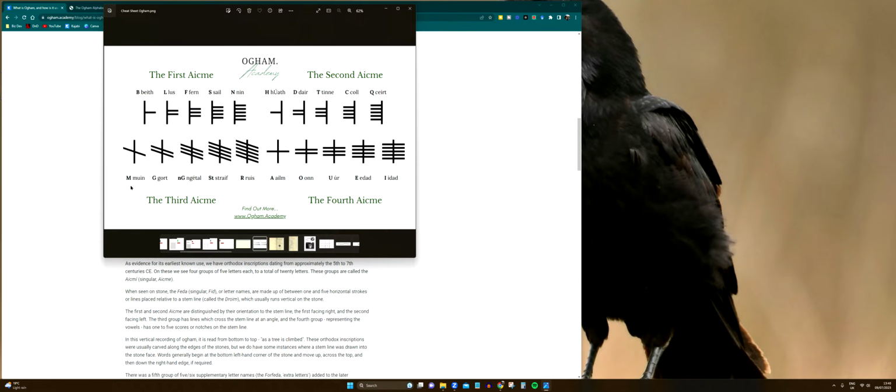The first and second acma, this one and this one, are distinguished by their orientation to the stem line. The first is facing right and the second is facing left. The third group has lines which cross the stem line at an angle, so diagonally across that central stem line.